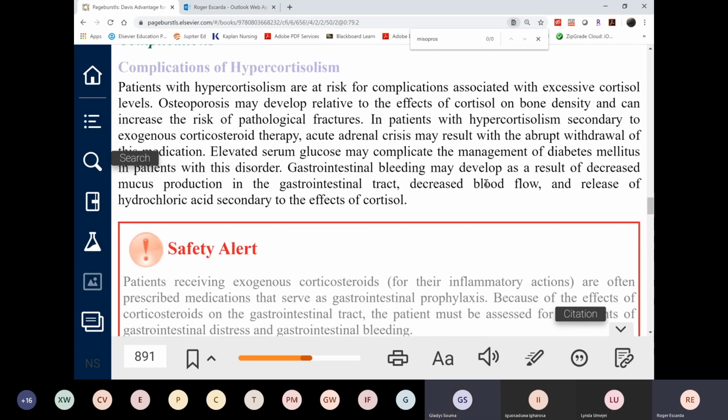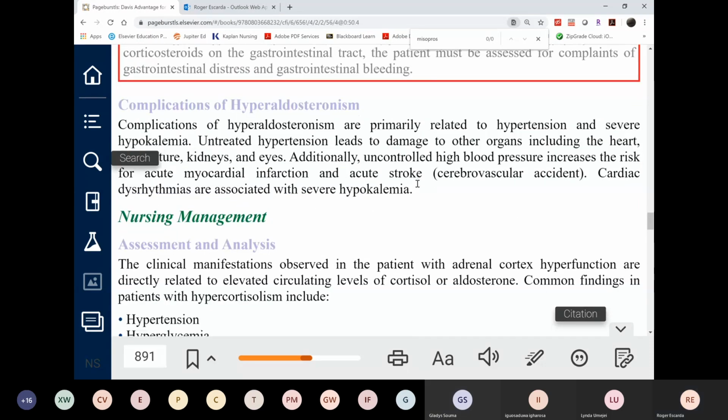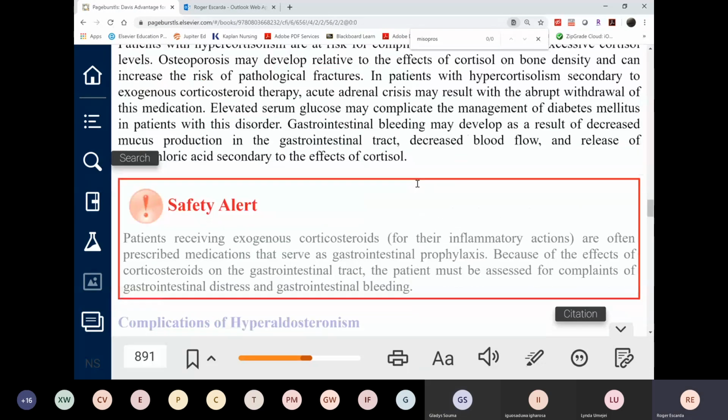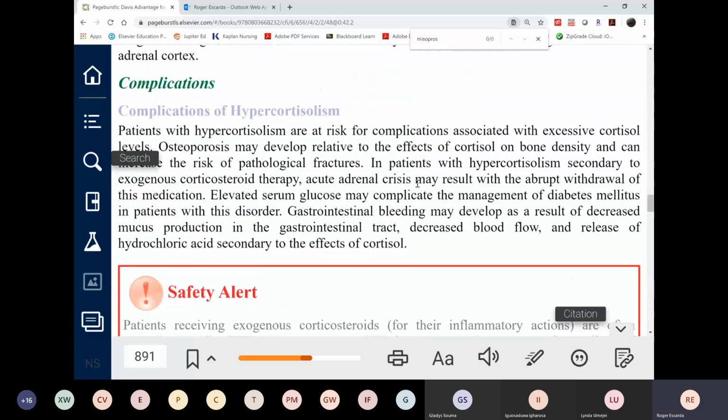Complications. What do we call the emergency in Addison's disease?